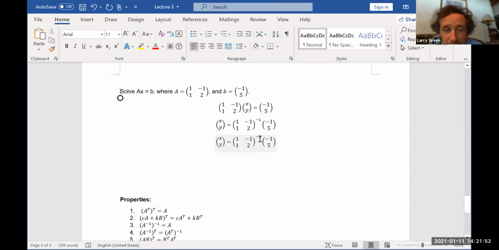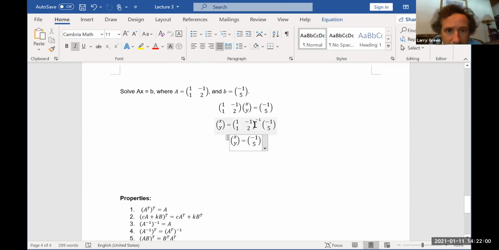Now I can replace this inverse piece by doing that switch the diagonal stuff. It's harder to type than to write.